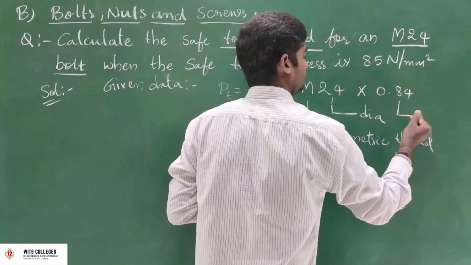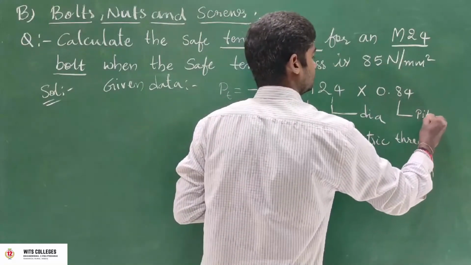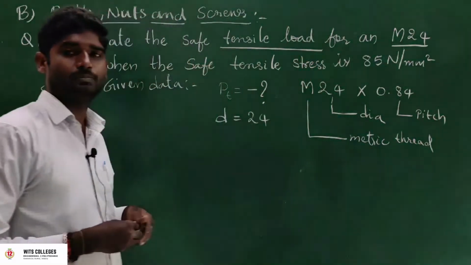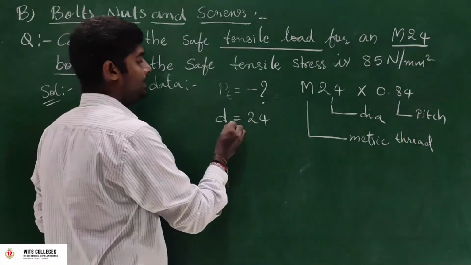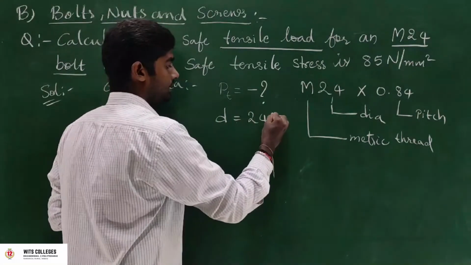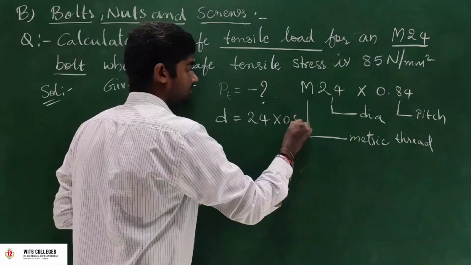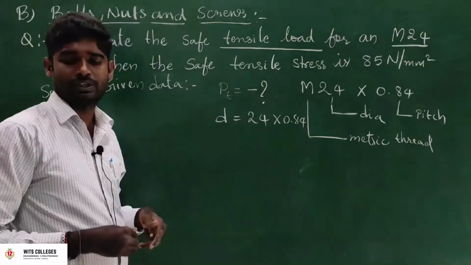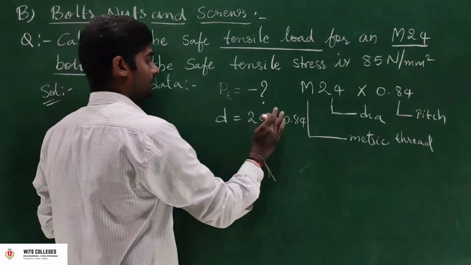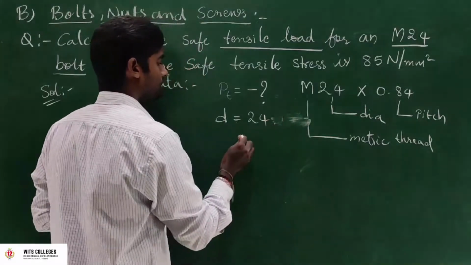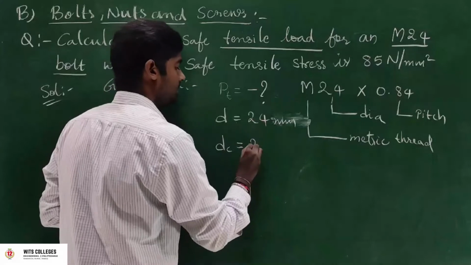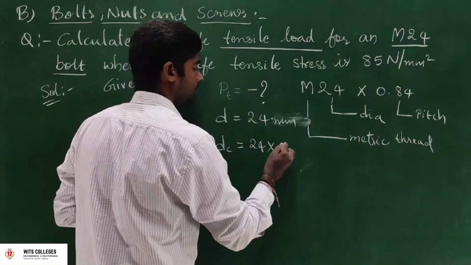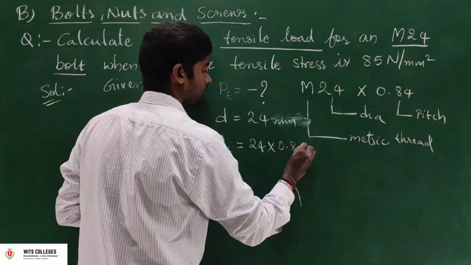This is the pitch. Diameter is equal to 24 mm. The core diameter DC is equal to 24 into pitch.